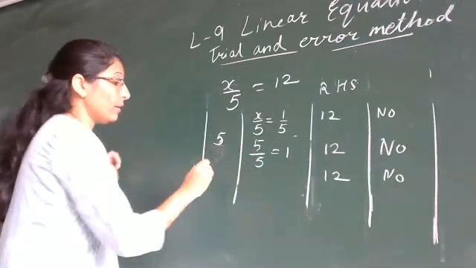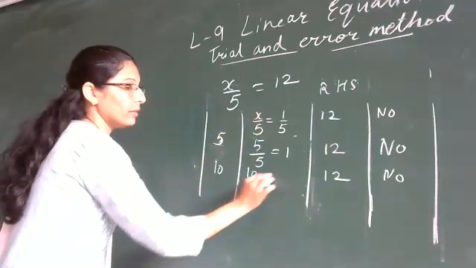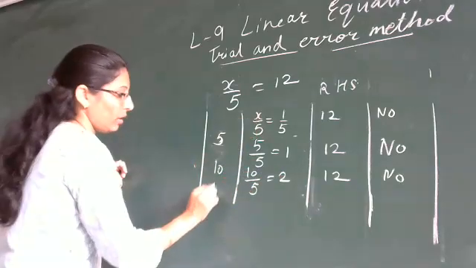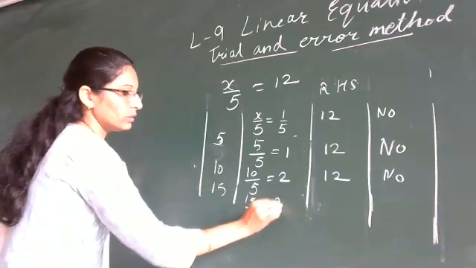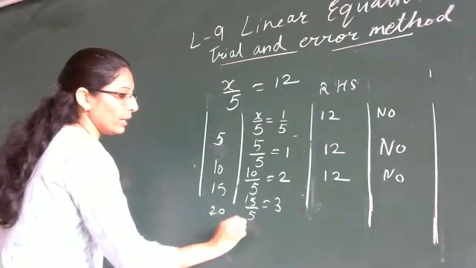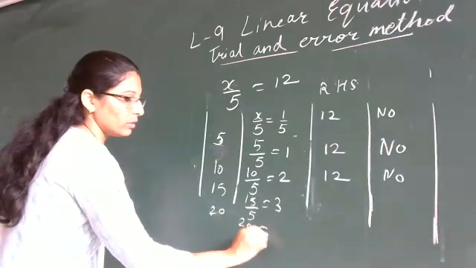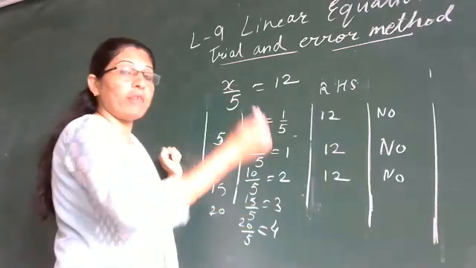5 twos are 10. We can take x as 10, 10 by 5. 15 by 5 is 3. If we take 20, 20 by 5 is 4. Like that we can continue. 30 by 5.